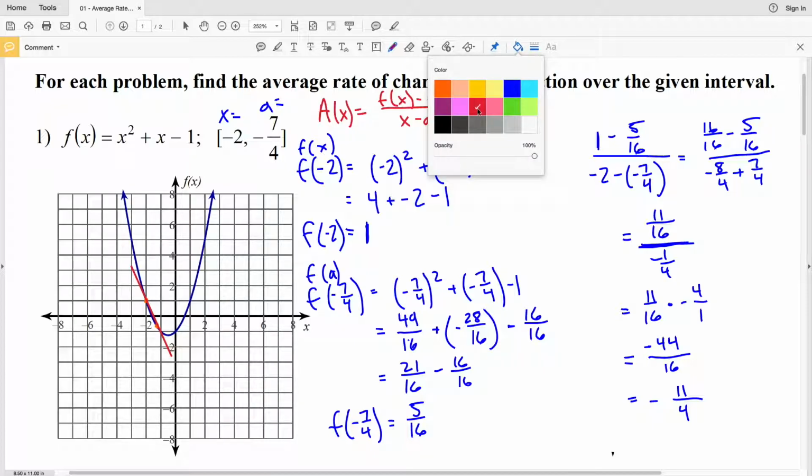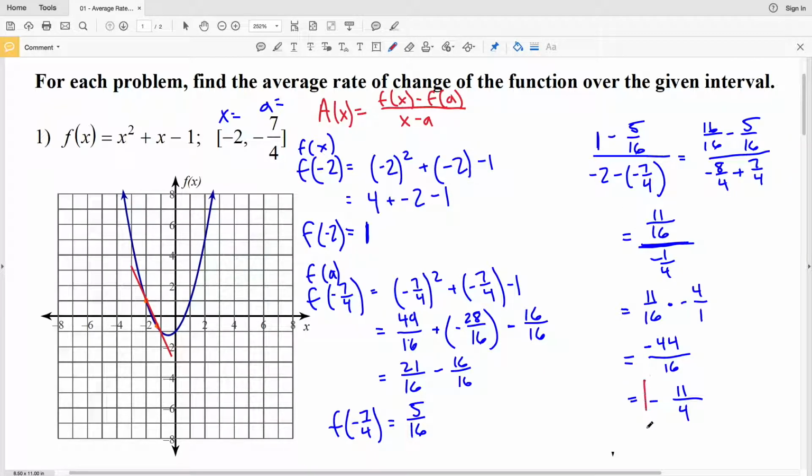So our average rate of change for number 1 is negative 11/4. That is the slope of the secant line. And the secant line was a line connected using x, f of x, and a, f of a, as the points on that line. Let's move on to number 2.